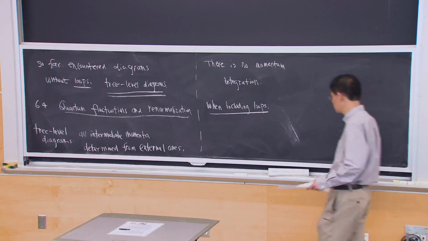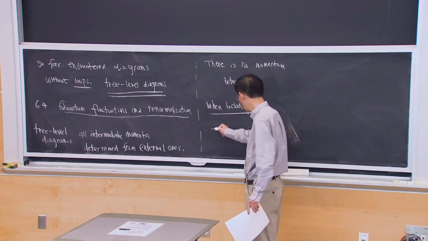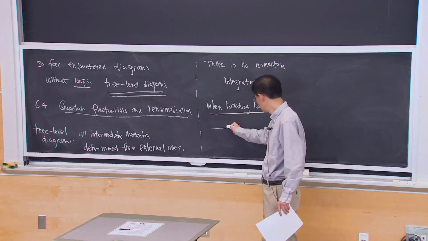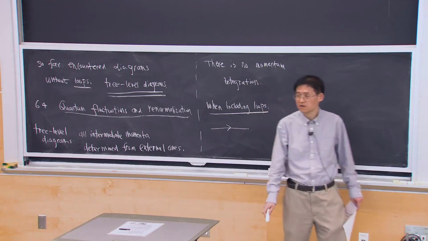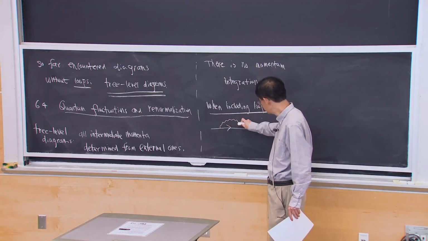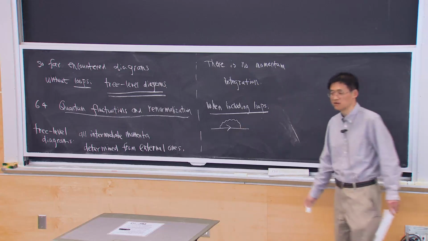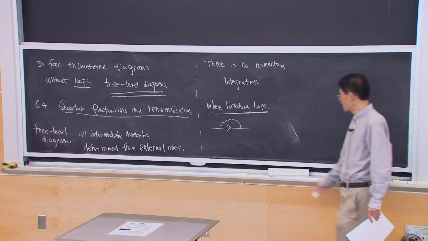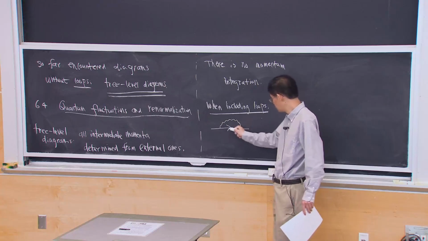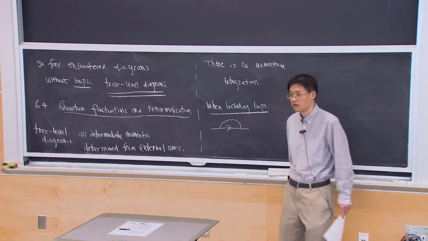Consider the electron propagator, which is just a line. Now you can consider adding a photon line here. So this is a process, and now you have a loop consisting of this photon line and this electron line.